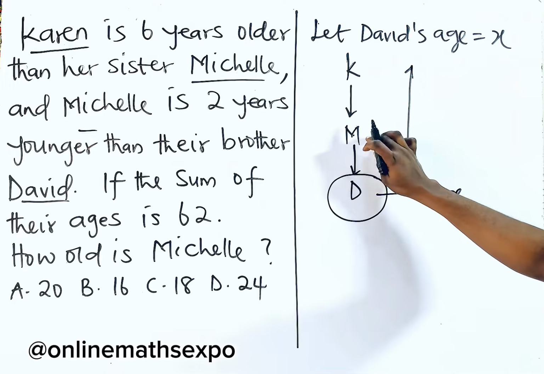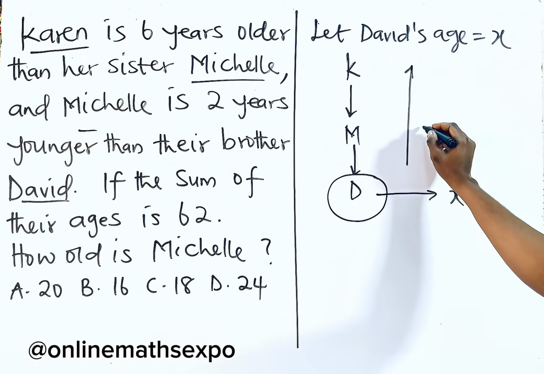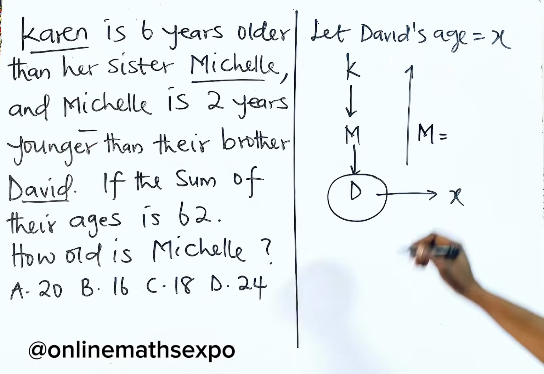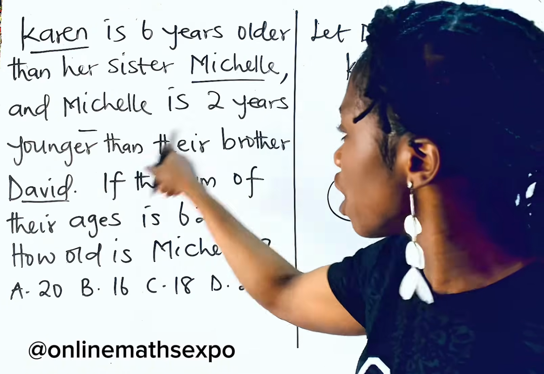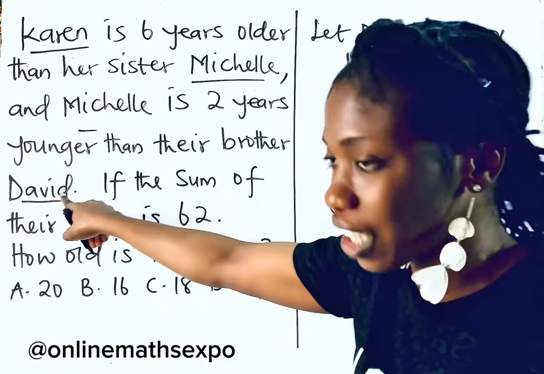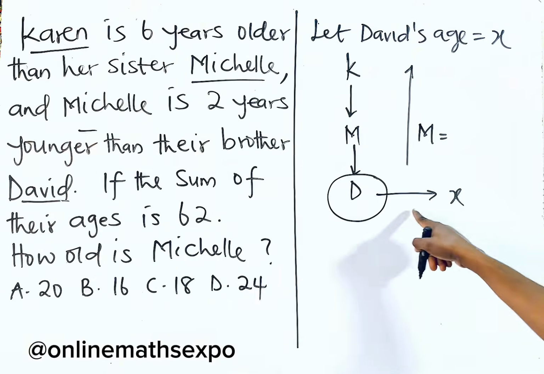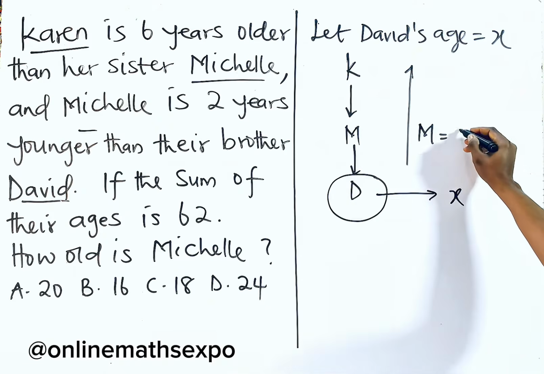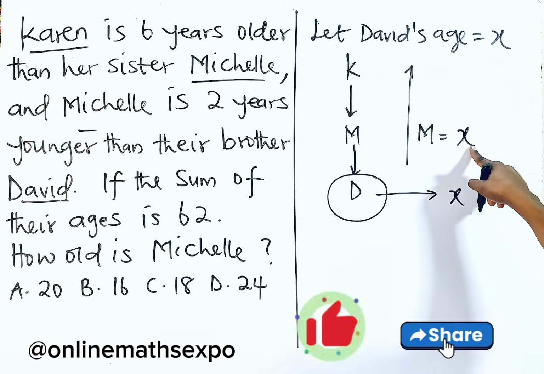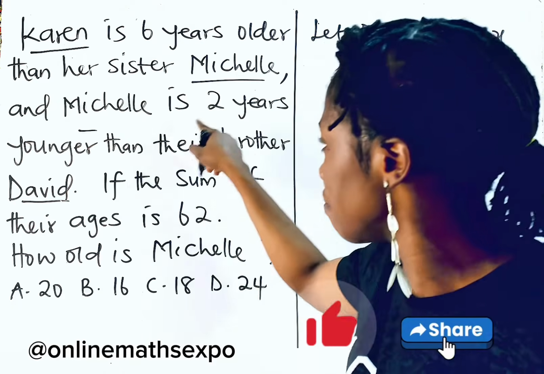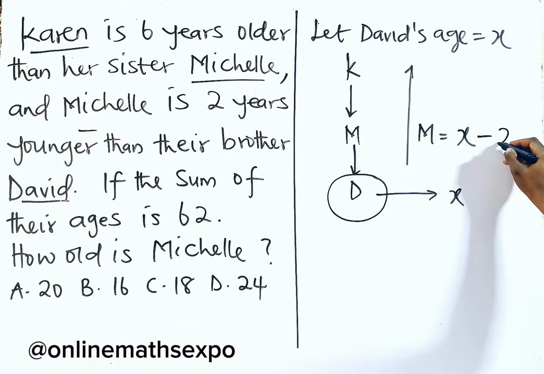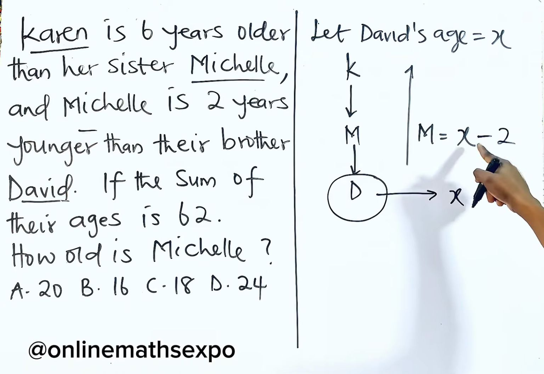So what do we do to Mitchell? Mitchell is 2 years younger than the brother David. David is already x, so we have x for David. Then 2 years younger means you subtract 2 from x. This gives you Mitchell's age.